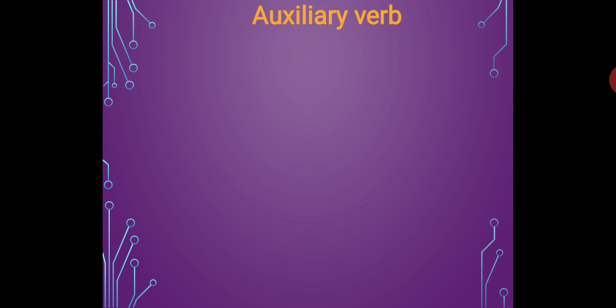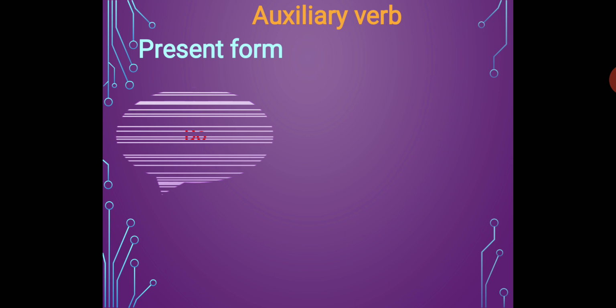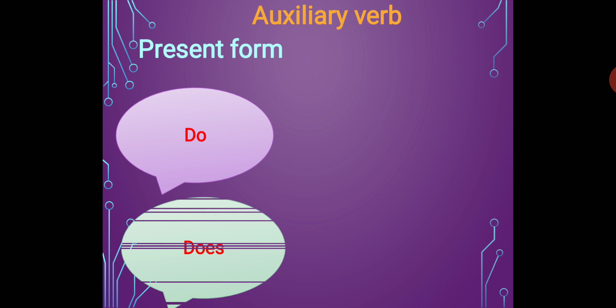Now let's see the auxiliary verbs. Which are they? There are two times, present time and past time. We divided auxiliary verbs in two categories, present time and past time. Let's see which are they. Present form means present time: do, does.